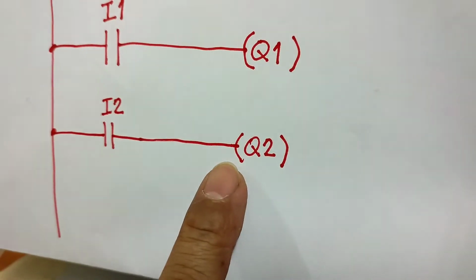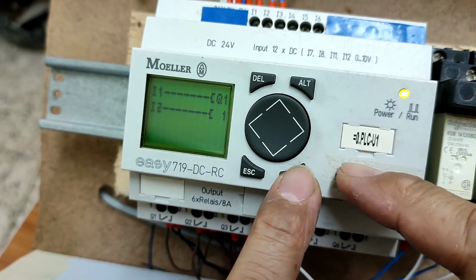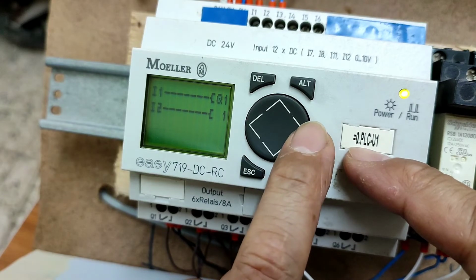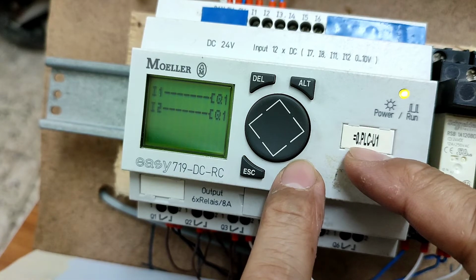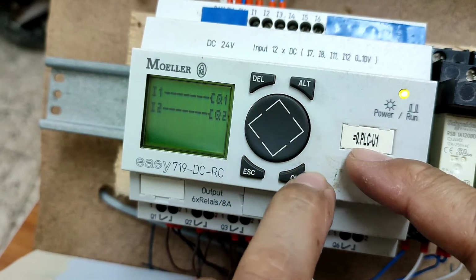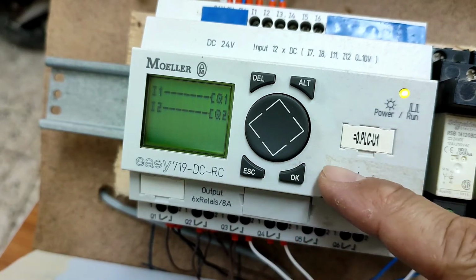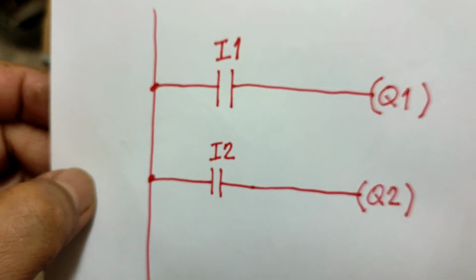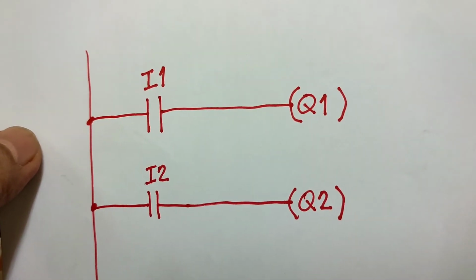So I need to input Q2 by pressing OK. The default is Q1, so I need to press the right arrow key. The numeral will blink. I will press the up arrow key so that it will be Q2, and press OK. Now the program is now like this.